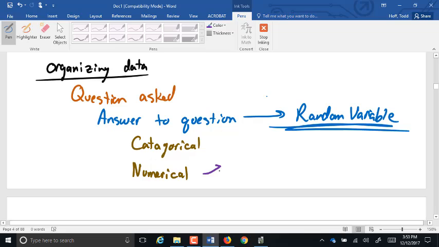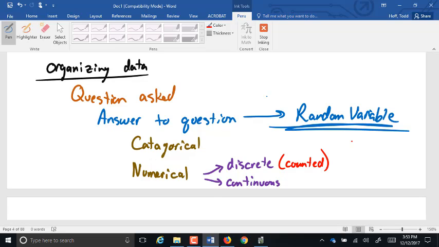Numerical variables are split into discrete and continuous. Discrete are things that are counted. How many classes do you have? How many cars do you own? How many children do you have? Those are all discrete because they're counted.